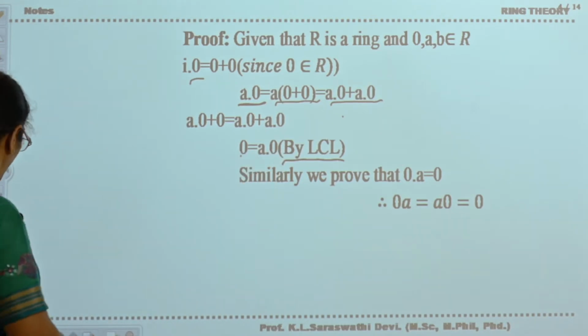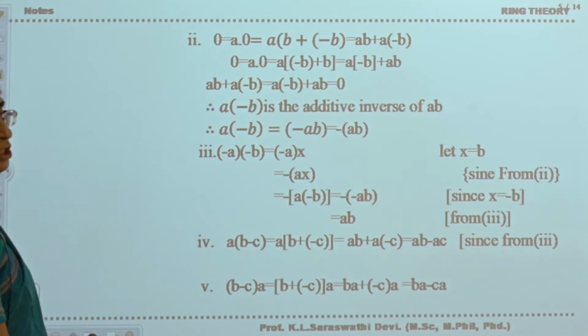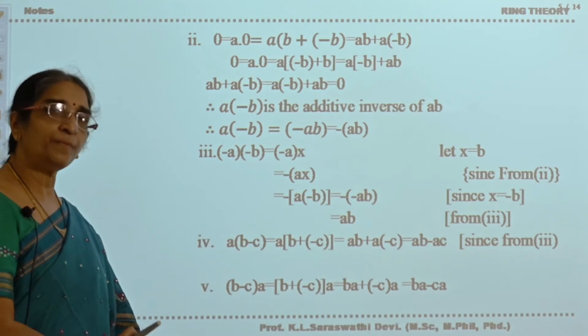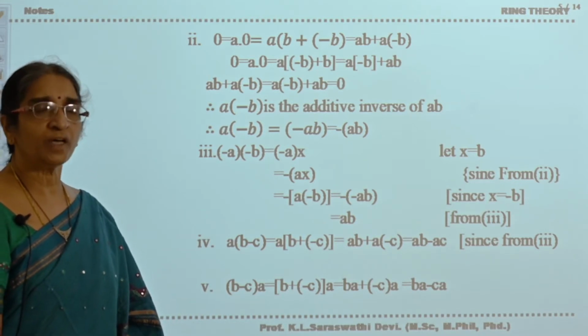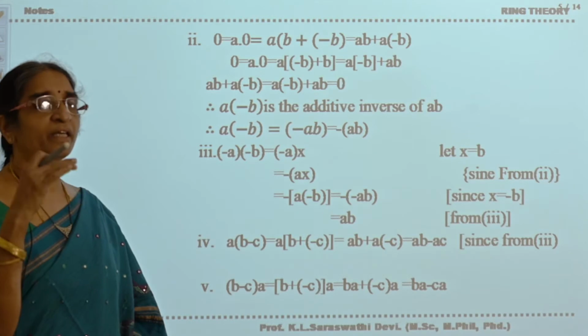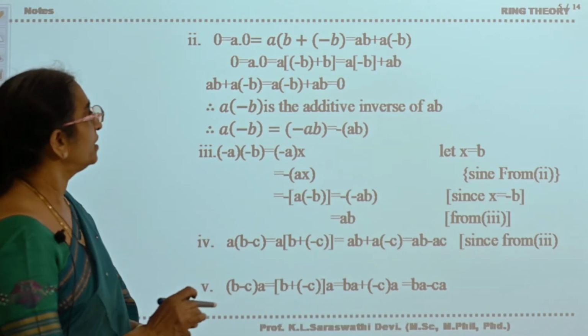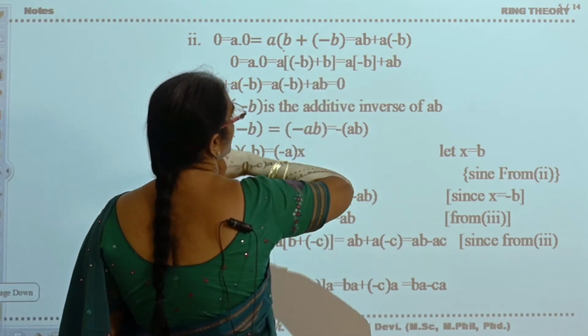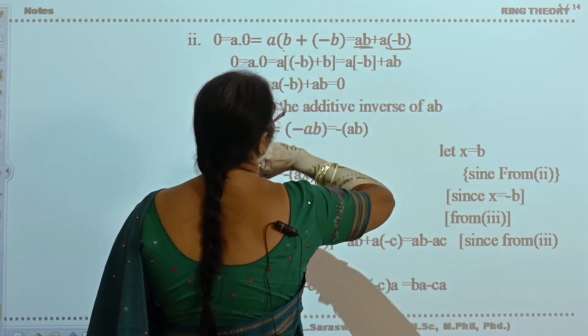Now, see the second property. 0 = a·0. 0 can be written as b + (-b), because (R, +) is an abelian group, so for every element b in R there exists an additive inverse, so -b is in R. Therefore, a·(b + (-b)) by the distributive laws is ab + a·(-b).